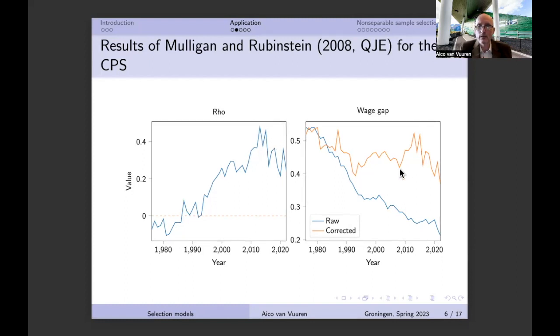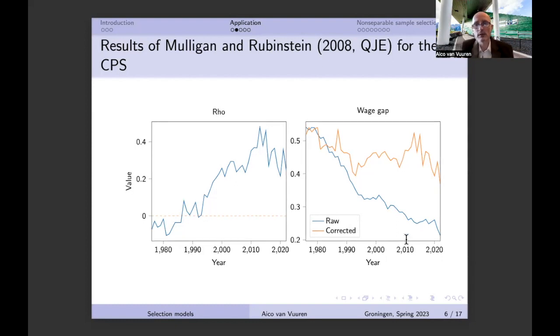We do see that when we look at the wage gap, the wage gap should then actually increase, because, again, the mean wage gap is equal to the mean wages of the men minus the mean wages of the women. If the mean wages of the women are going to decrease after correcting for sample selection, then we're going to see that the wage gap should increase.